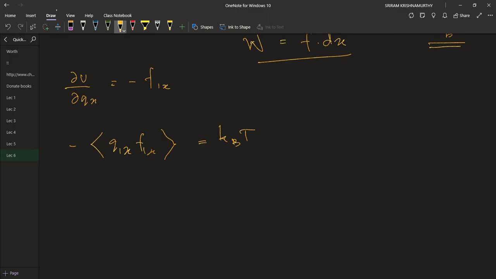Here I've taken particle 1 and the x component. If we compute for all the N particles and all the coordinates of the system, we'll have something of this sort, right?